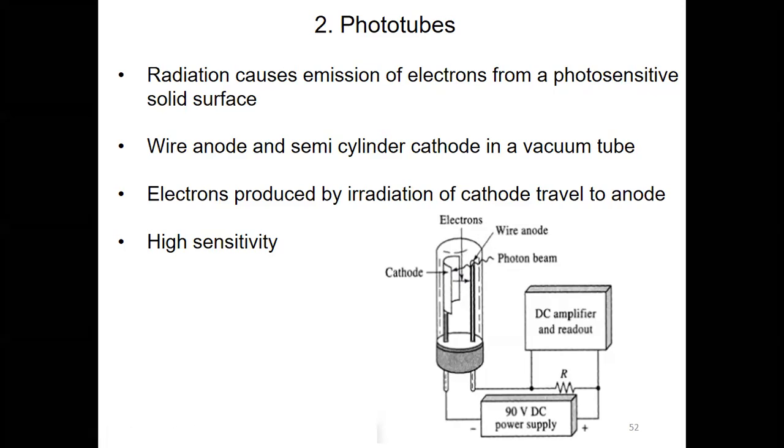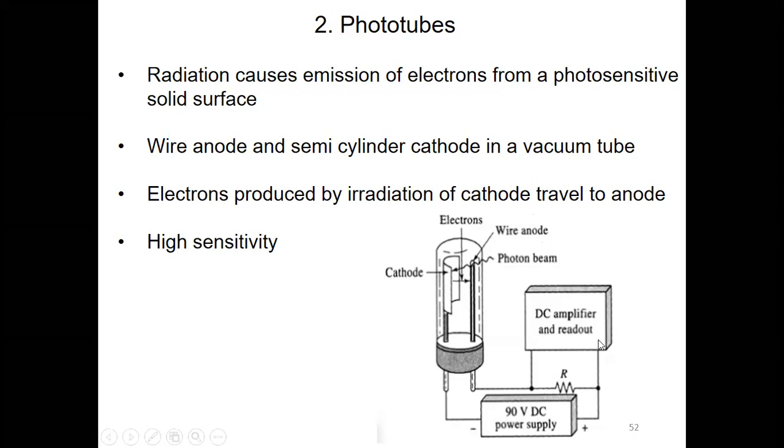Can you remember the photoelectric tubes? So the same thing happens here. So the photon beam comes and hits the cathode, and electrons are generated. Those electrons will transfer to the wire anode. Because of those electrons, a current will be generated.